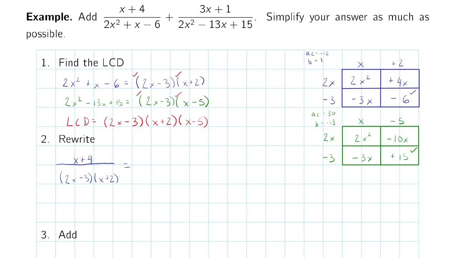And I want to write an equivalent fraction that has my common denominator: 2x minus 3 times x plus 2 times x minus 5. So I see that the 2x minus 3 and the x plus 2 were already factors of my original denominator. To get the common denominator, I need to multiply my numerator also by an x minus 5.